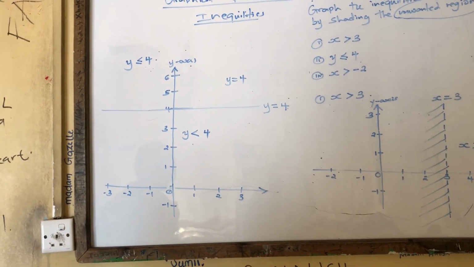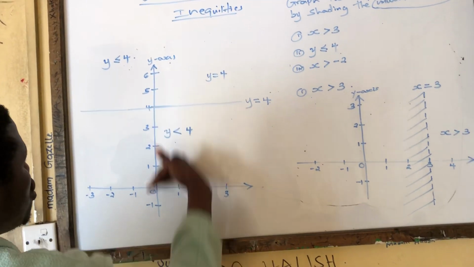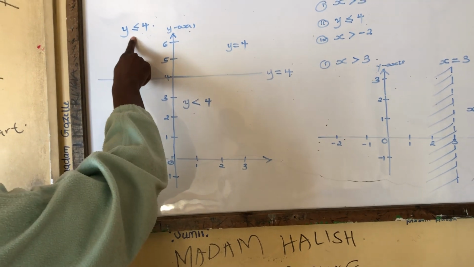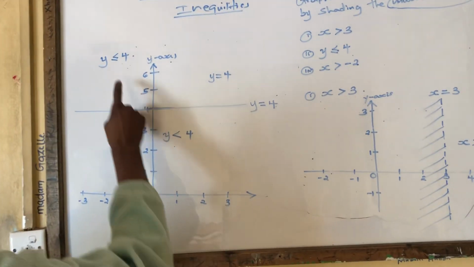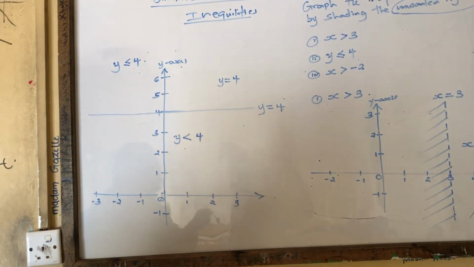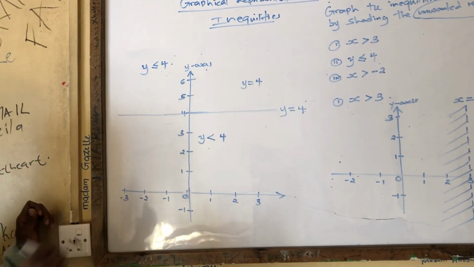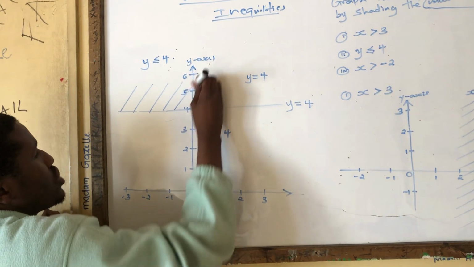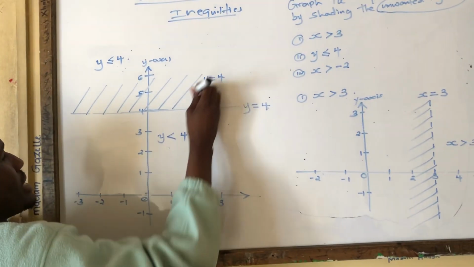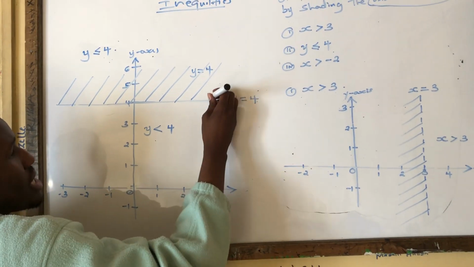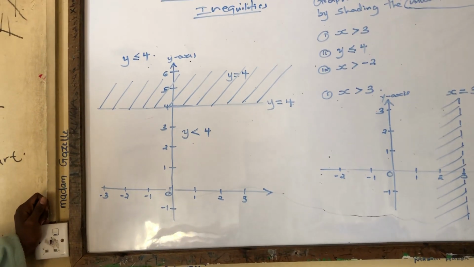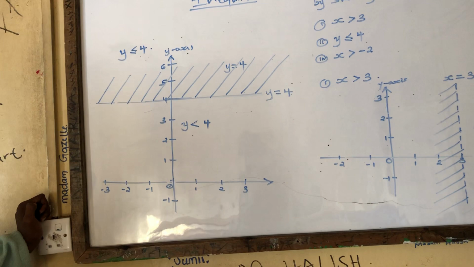In other words, this is the region which satisfies our inequality. So the region on the upper side will be shaded because it is unwanted. The region on the upper side of the line is described as the unwanted region.